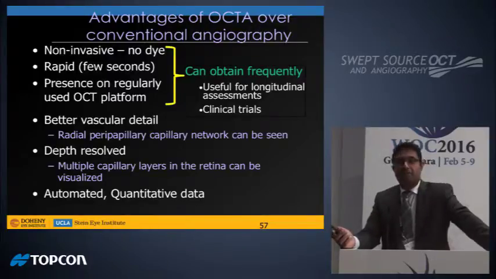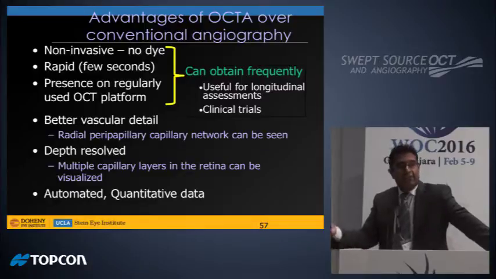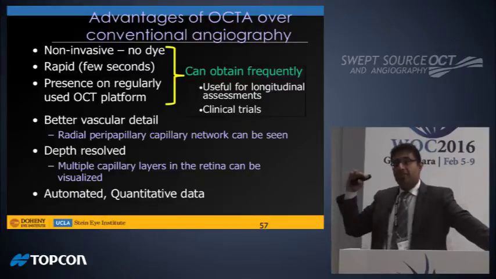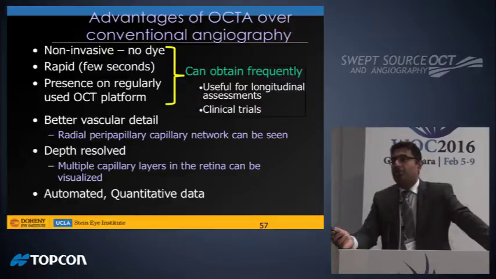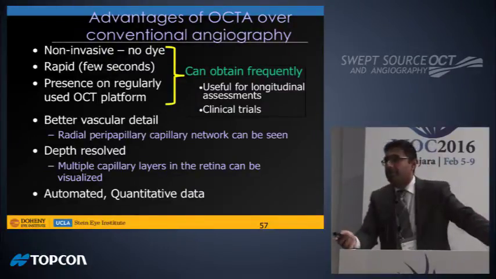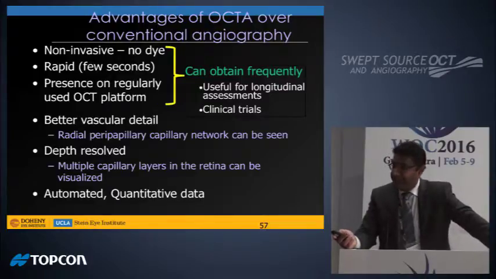One of the structures that we never saw before with conventional angiography was the radial peripapillary capillary network. And so that may have some relevance to optic neuropathies and glaucoma. In addition, it's depth resolved, meaning that you can see multiple capillary layers in the retina. And of course, what's really exciting for all of us as clinicians is the prospect of automated quantitative data.